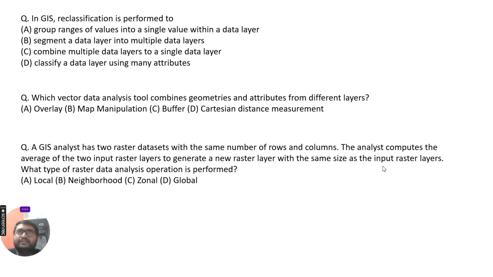If it is less than 2000, you consider it a low elevation zone. So we have classified our data into two classes, 1 and 0. According to that, we convert our raster data, which has elevation information, to class information. So we are reclassifying our data. In accordance with that, which option is true?